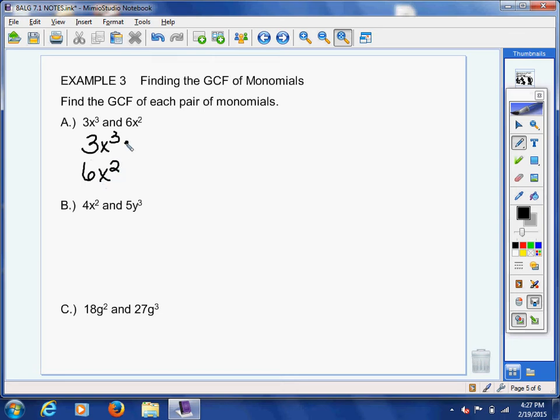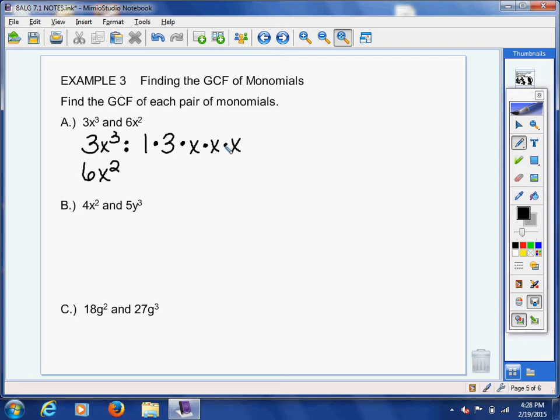Let's start writing out the factors of all these numbers. 3 already is a prime number, so it has factors 1 and 3. 1 times 3 is 3. And x cubed is simply x times x times x.